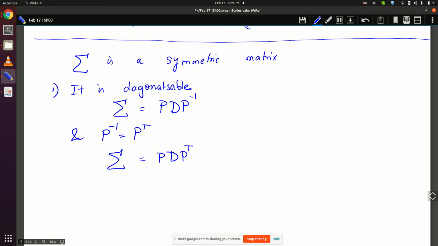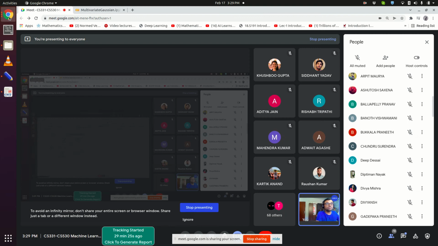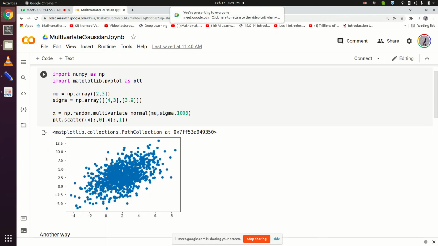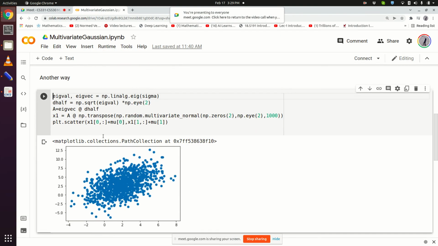Let me show you these computations; I think that will be useful. Coming over here, you can get eigenvalues and eigenvectors. This is the sigma matrix, and you can get the eigenvalue and eigenvector decomposition.